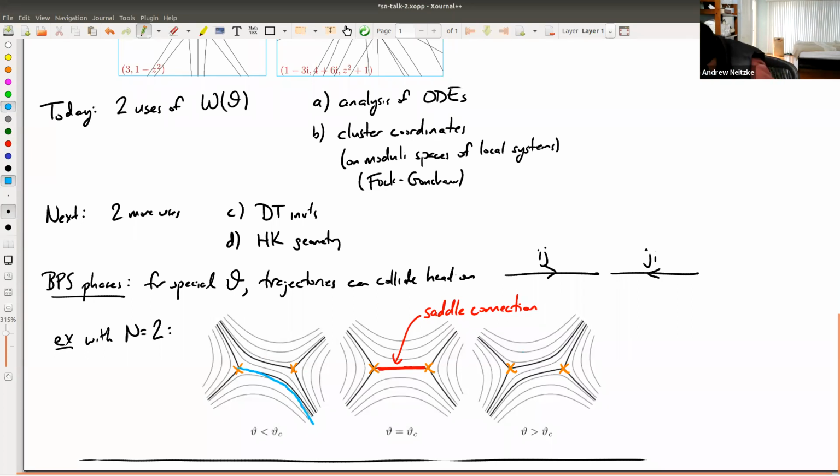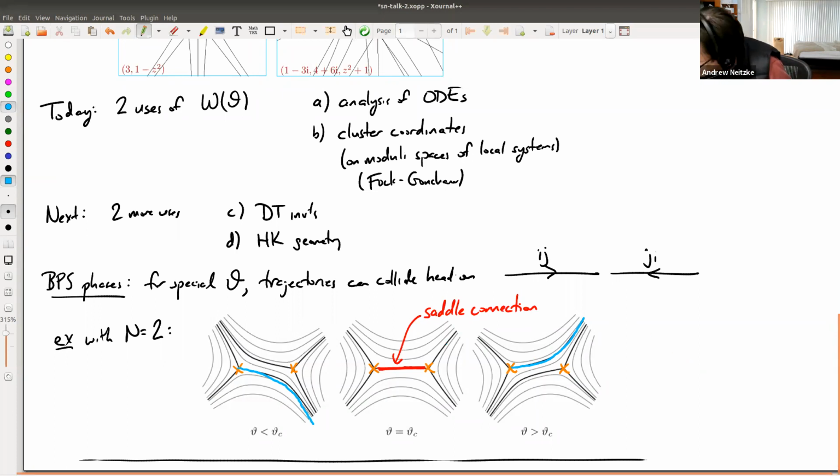After crossing the saddle connection, the same trajectory goes in a very different direction. So in the parameter space of phases and differentials, there are these loci where something discontinuous suddenly happens. And that'll be associated, as we go on, to the cluster transformations in the moduli of local systems.